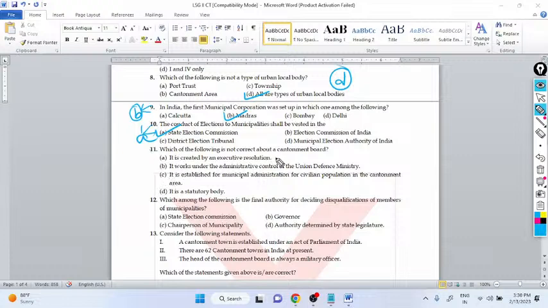It is created by the executive body. It is not created by the executive body.